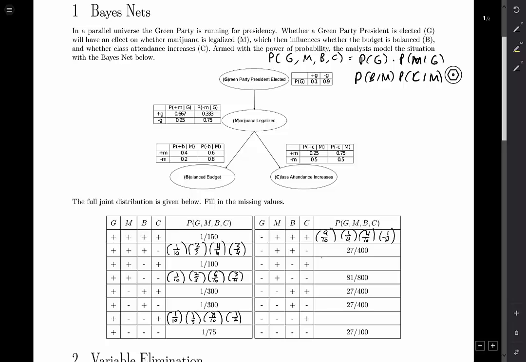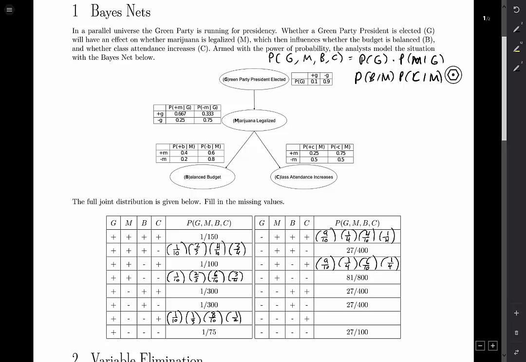So probability of minus G is again 9 over 10. Plus M given minus G is again 1 over 4. Minus B given plus M is 6 over 10. And plus C given plus M is 1 over 4.